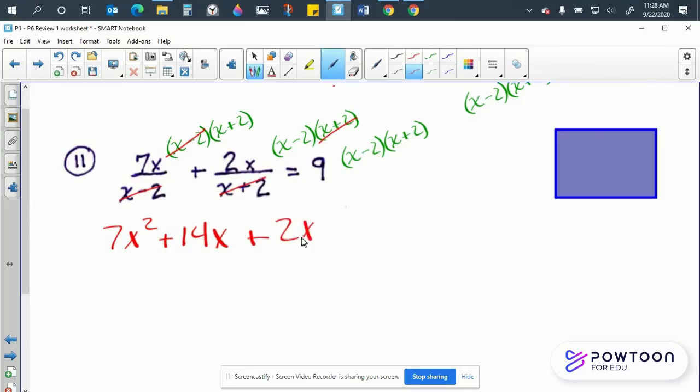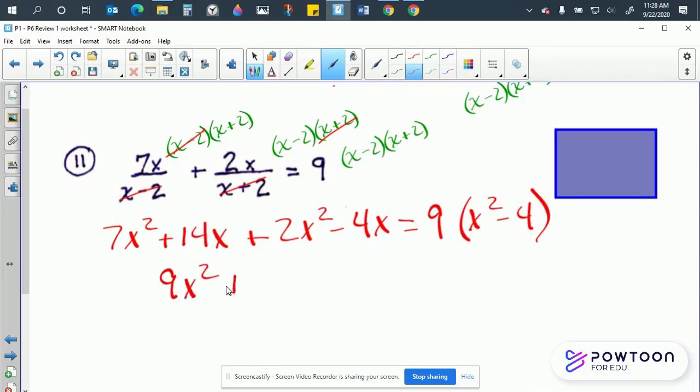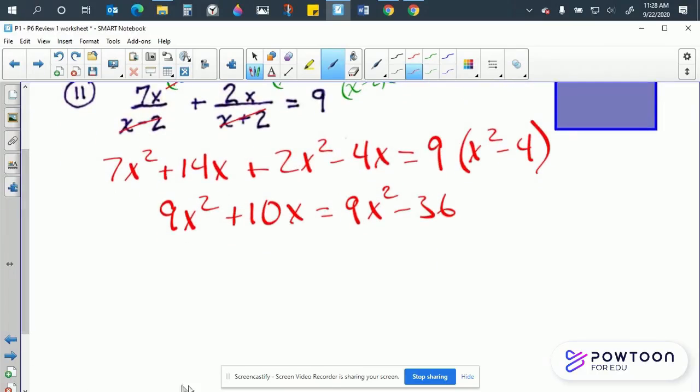So we're left with 2x squared minus 4x equals 9 times x squared minus 4. Combining our like terms, we have 9x squared plus 10x equals 9x squared minus 36. Combining everything, we get 10x equals negative 36. So x equals negative 3.6.